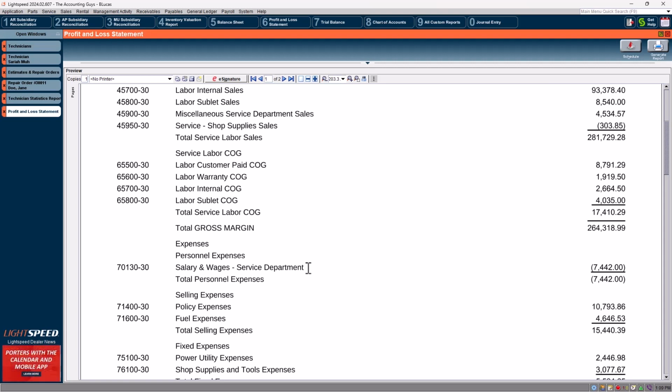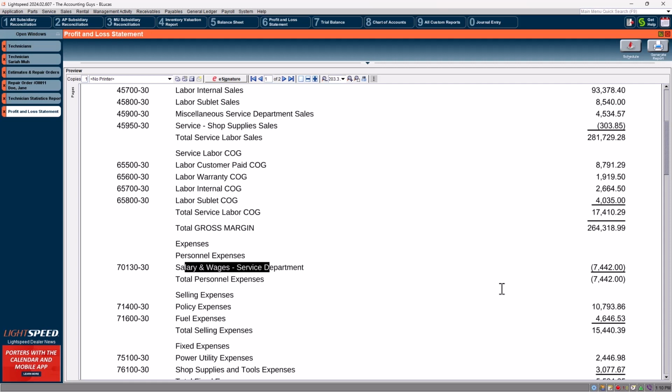If you're not wanting to do WIP labor as an asset, you could have your payroll posting into an expense account, and then you can have a contra expense account, so that way it can still see how much I paid my service department, but then you can see how much got moved from the expense to cost of goods sold, and the net would be your unapplied amount and things like that.